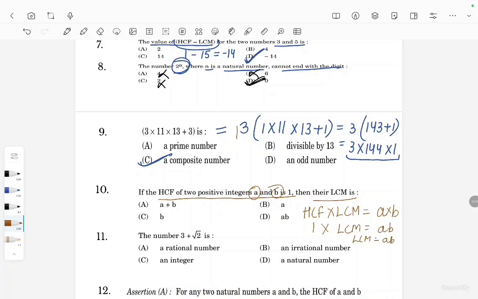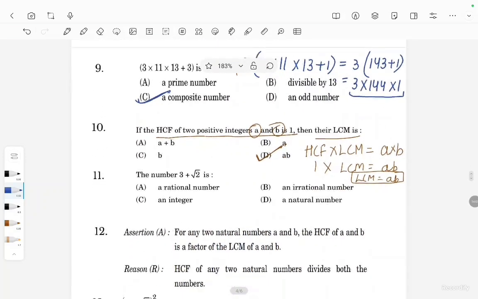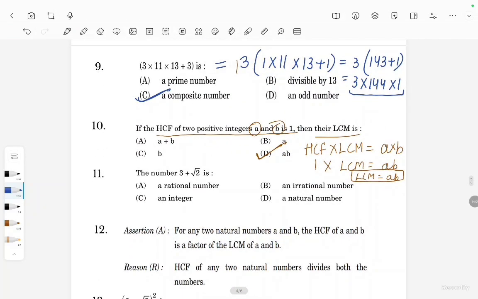LCM seems to be AB. So option D is correct. AB. Done. 11th one. Number 3 plus root 2 is an irrational number. Yes, it's an irrational number because root 2 is irrational.